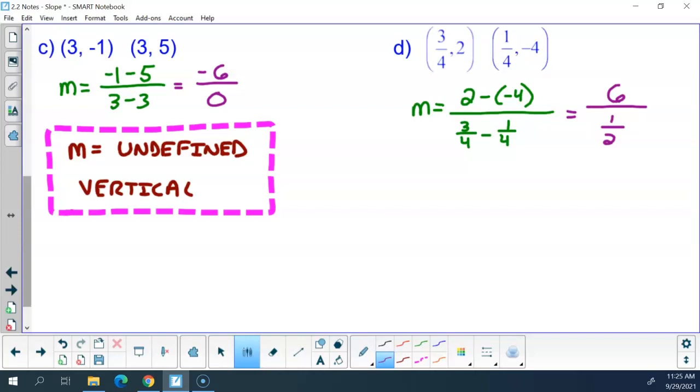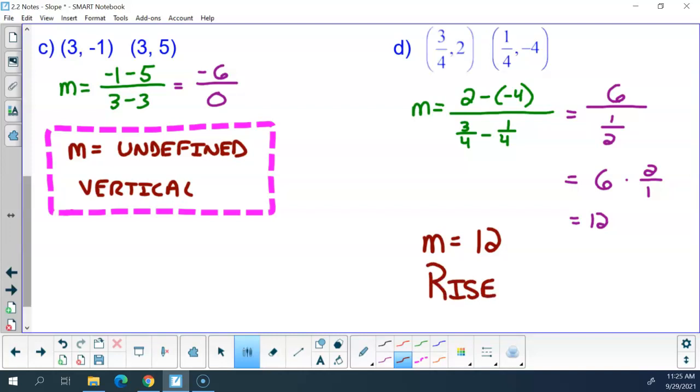When we're dividing by fractions, that means we flip the second fraction and we multiply. So 6 times 2 over 1 becomes 12. So the slope here is positive 12. Because the slope is positive, that means that it is going to rise as it goes to the right.